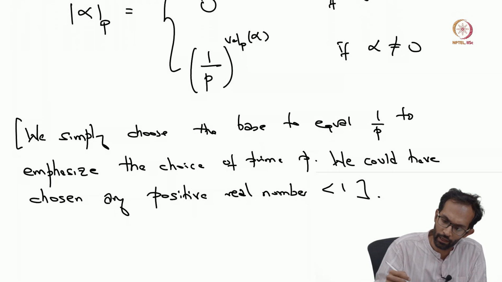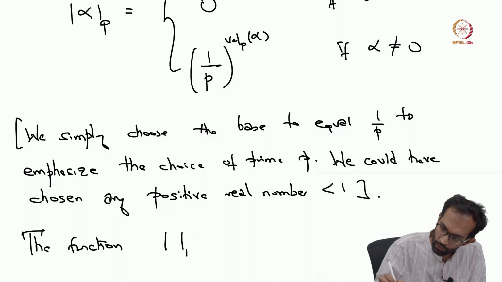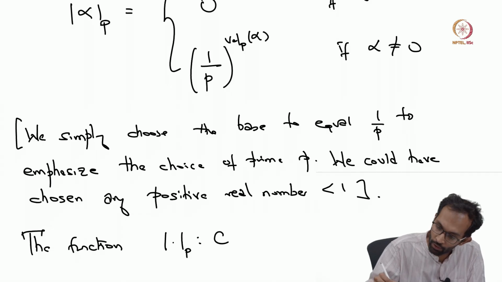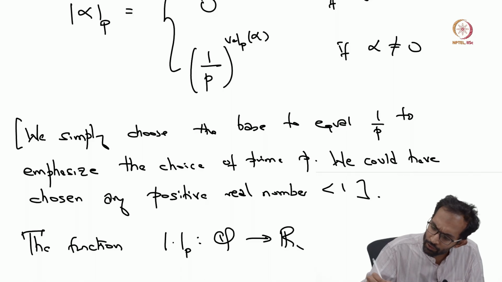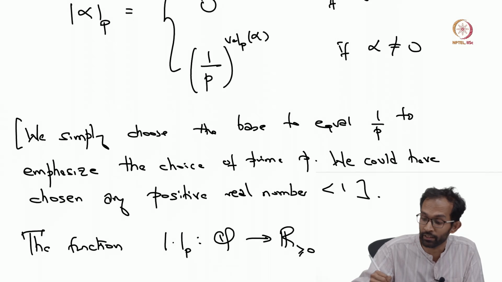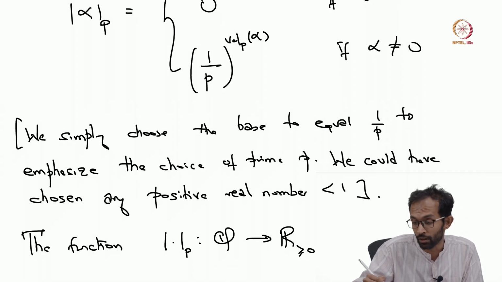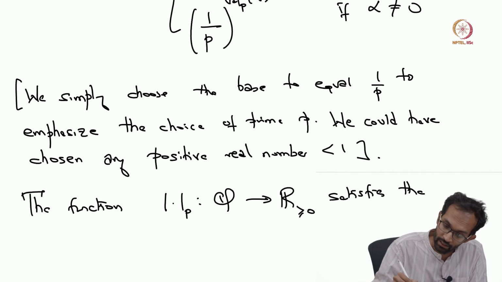Okay, and so we have this function, this p-adic absolute value from Q to the positive rationals, but just to emphasize the similarity with the usual Archimedean value, I'll write that it takes values in the non-negative real numbers, and it satisfies the following standard properties.